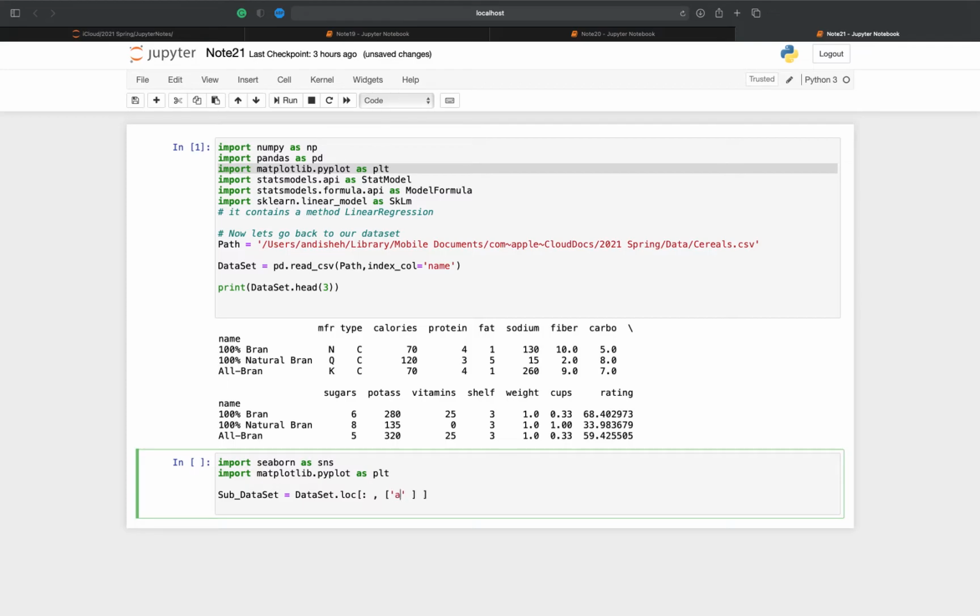Okay, so there are some variables that I want to include in this matrix. So this is calorie, and then what else? Let's use protein, fat. What else? Let's use carb, and let's use sugar.